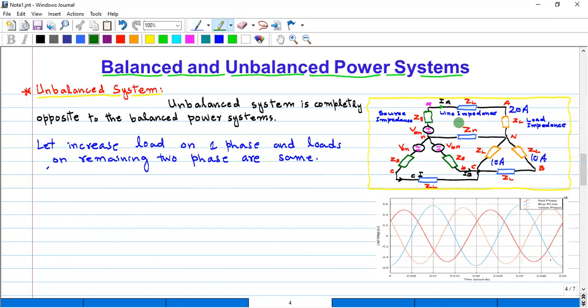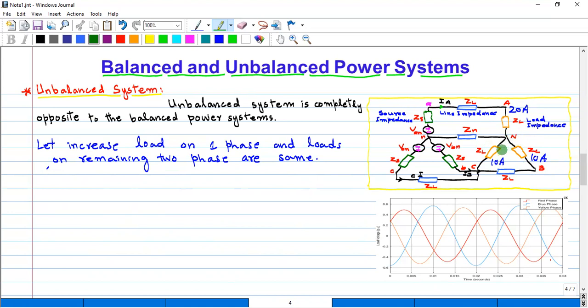So now, as you can see here in this figure, when the load is unbalanced, when the value of the load on each phase is not the same, the value of the current on this phase is now 20 ampere, and the value of the current on the remaining two phases is the same, that is 10 ampere, 10 ampere.